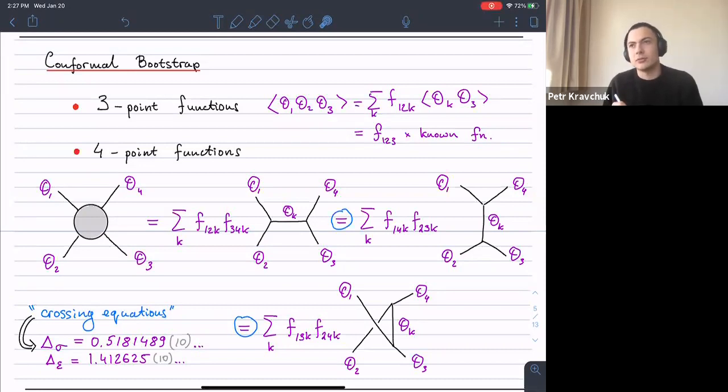And if you know that these coefficients are real, and you also know that all the dimensions satisfy unitarity bounds, which I haven't talked about, then you know that reflection positivity holds.